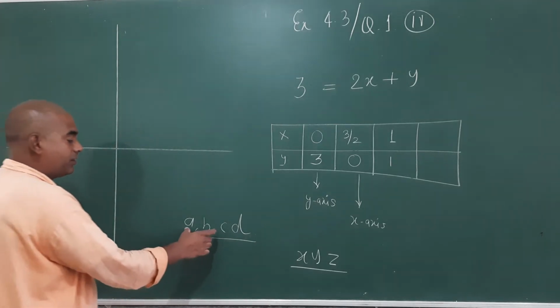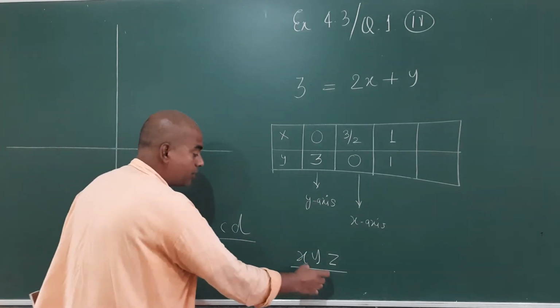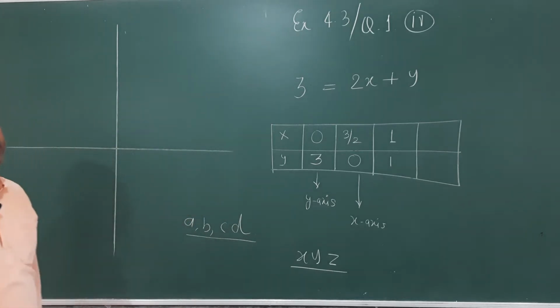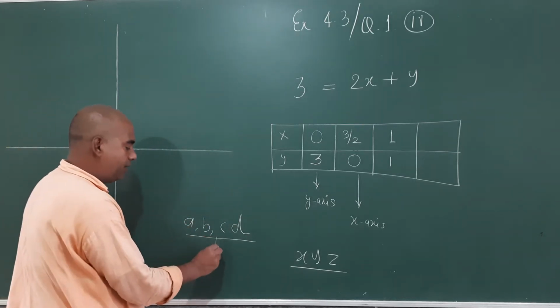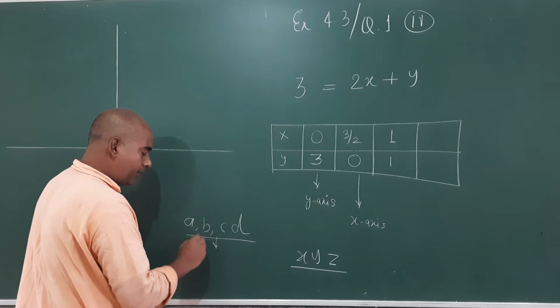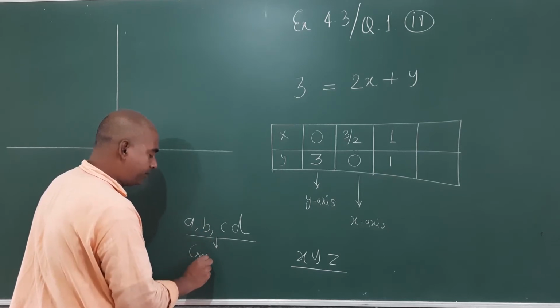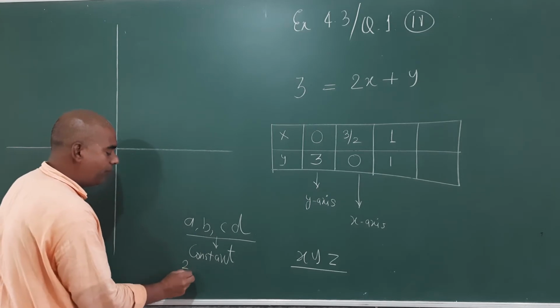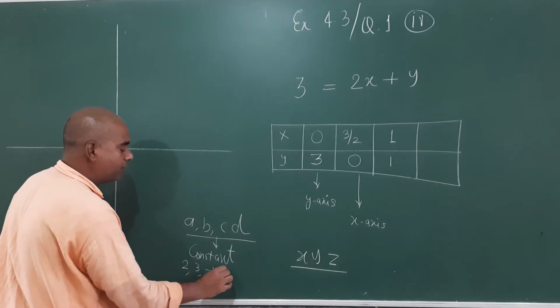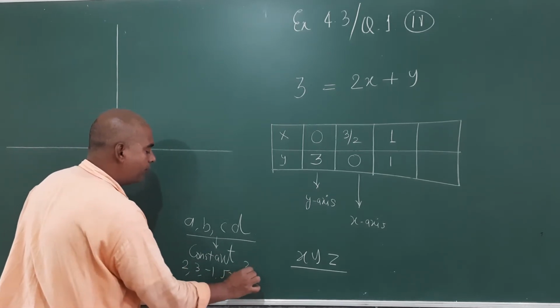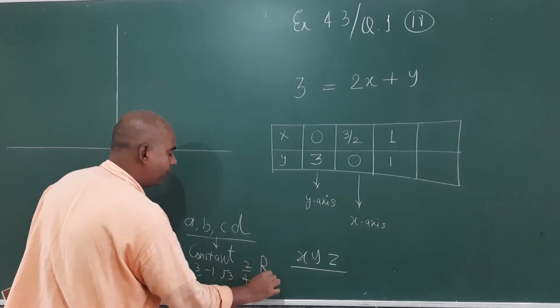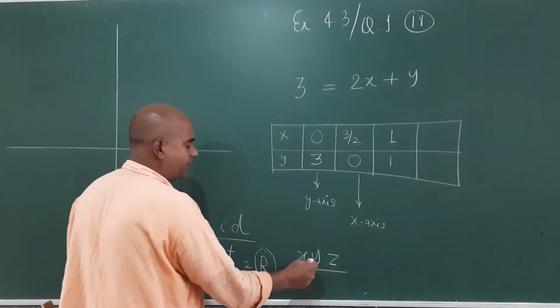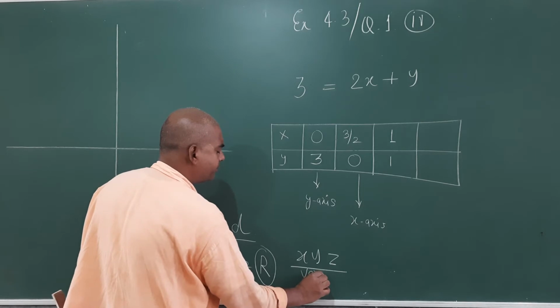So that's why you will see these most used. Sometimes these will work as constants. Constant means its value may be 3, 2, minus 1, root 3, 2 upon 4, all the rational real numbers, and xyz means variables.